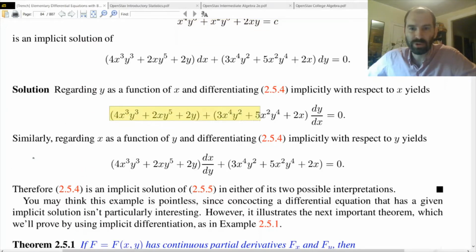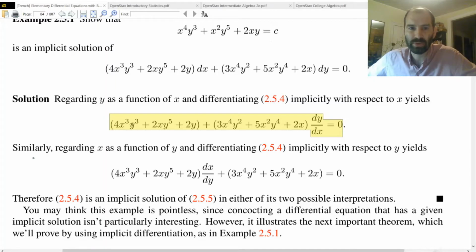First they did it with respect to x, and if you go back to your calculus notes, you'll see that is exactly what you would get if you differentiated this top equation with respect to x all the way through. And you can see the constant becomes 0 on the right-hand side. You can see that this is exactly in the form of one of the differential equations we're talking about today.